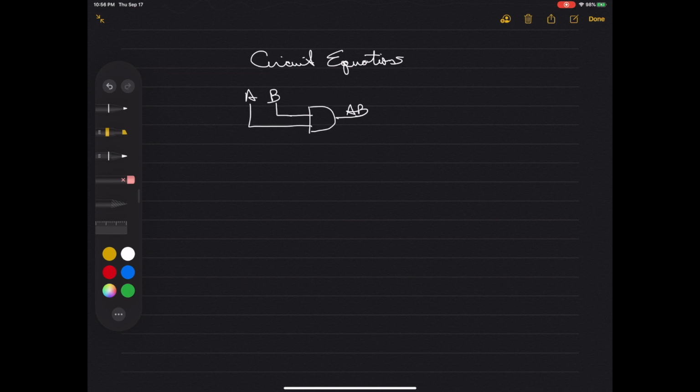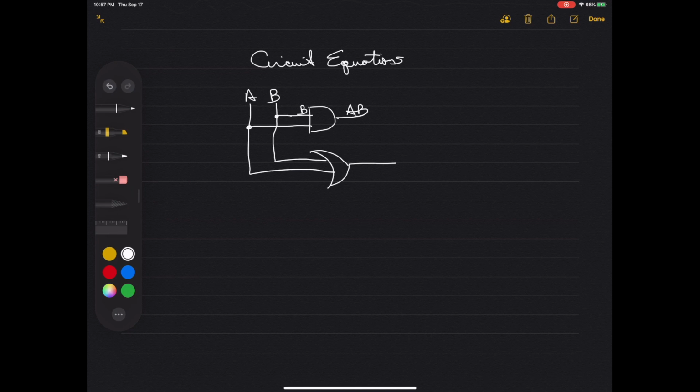All right, so what if I also throw in an OR gate? Let's go ahead and put an OR gate over here. And that signal is going to go over here, and then this signal A is going to go over here. So then the question is, what would be the output? The first thing you notice is that I tracked the B, and that B is going to go over here.